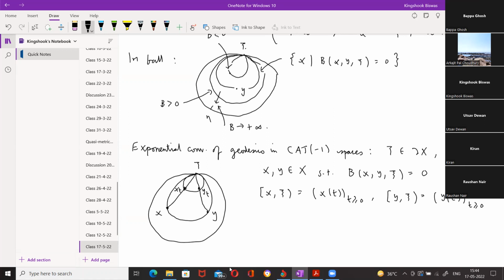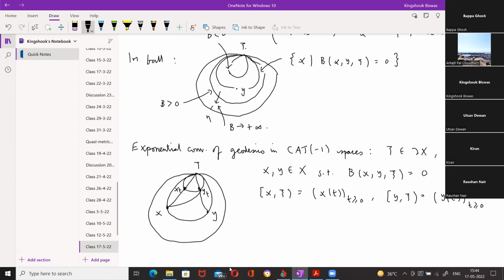So how do we show that this distance goes to 0? What do we have? We know that the distance from x to y_t minus the distance from y to y_t is going to 0, by definition of the Busemann function.